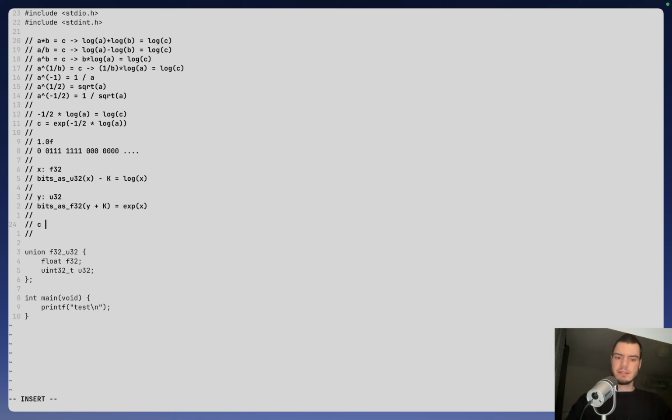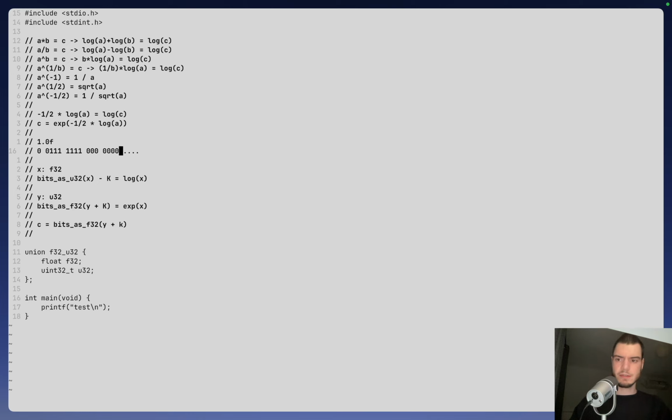So to get c, we apply the exponent function, which is our integer bits, interpreted as a float, of some value y plus our very large value k.